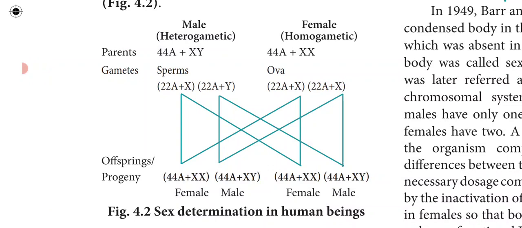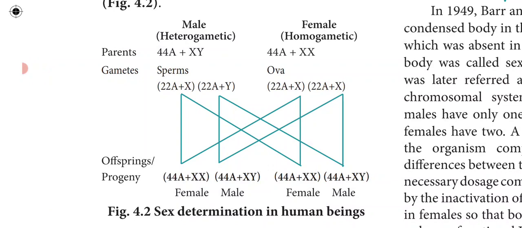The male gametes: one sperm has the X chromosome and the other sperm has the Y chromosome. The egg, or ovum, has one X chromosome, and the other egg also contains an X chromosome.